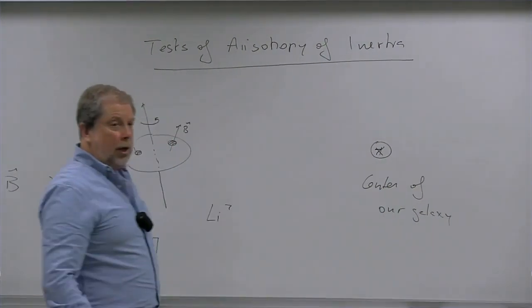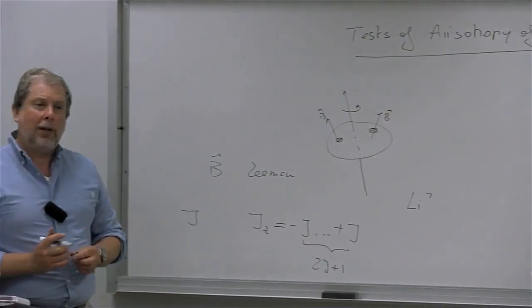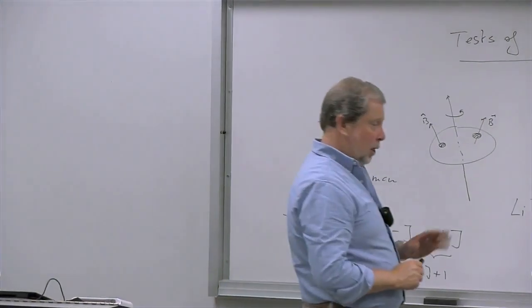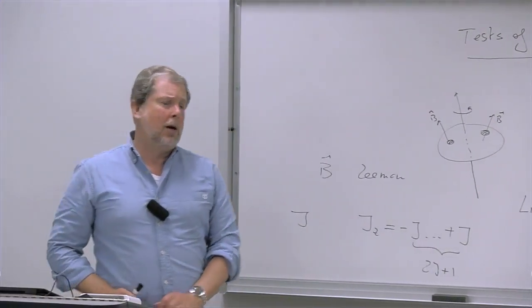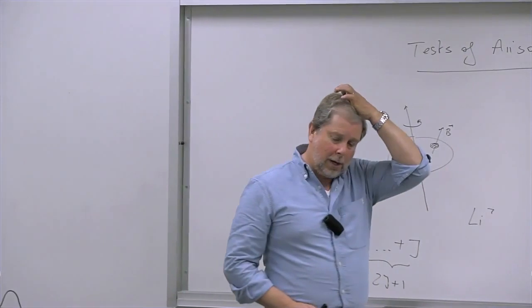So the whole experiment is going to be moving and rotating with respect to the location of the center of the galaxy, which in first approximation is completely stationary, because the period of rotation is fairly short.